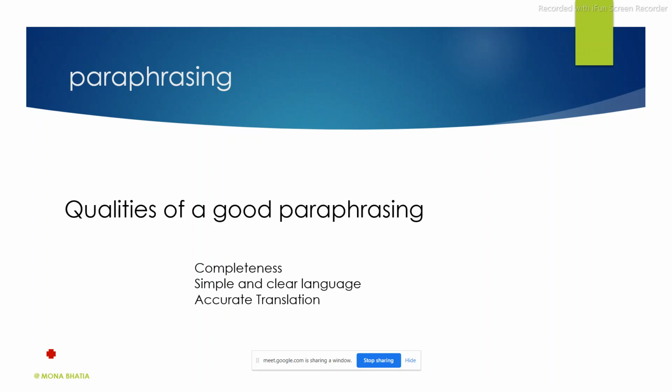Then the next point is that there has to be accurate translation. Technically speaking, a paraphrase is actually a translation of a paragraph into your language, not word-to-word translation from one language to another, whether it is from Hindi to English or English to English, from higher English to lower English. It is not that. It is basically a translation, because you are trying to produce it so that it looks like a fresh piece.